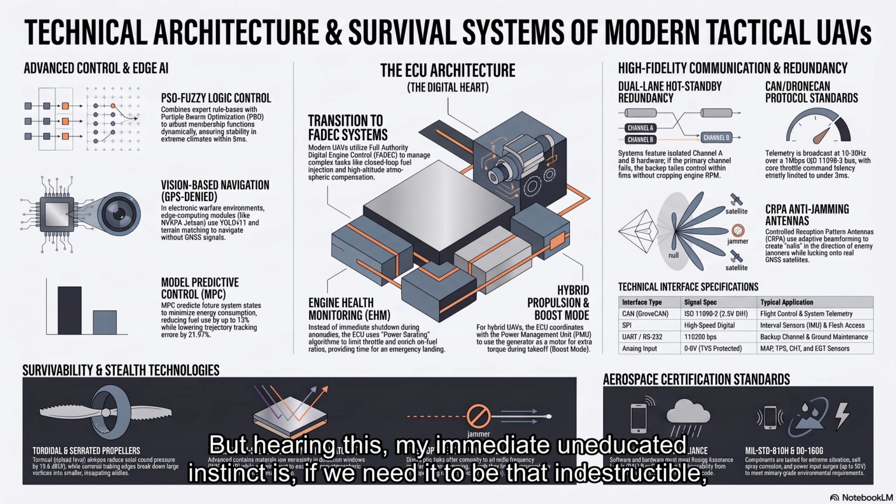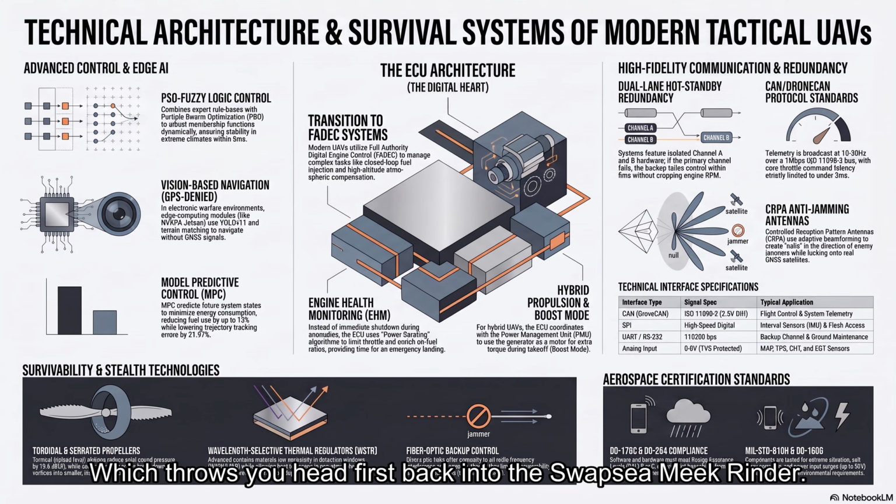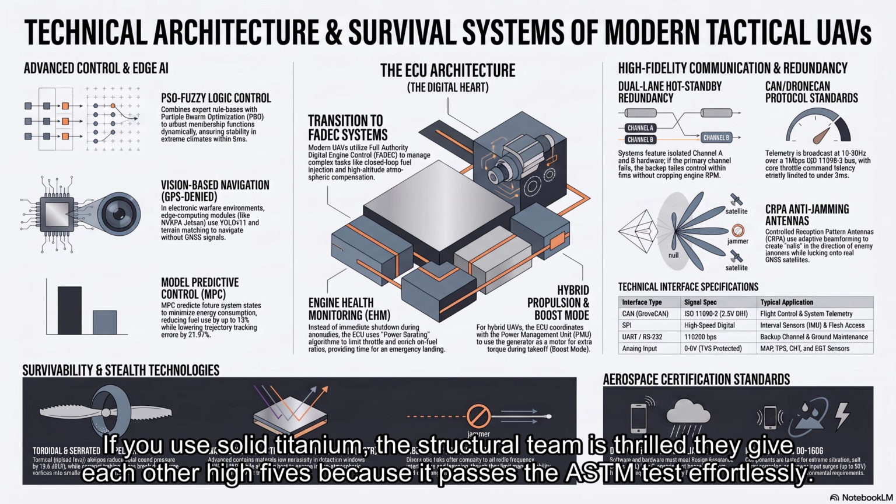But hearing this, my immediate uneducated instinct is, if we need it to be that indestructible, why not stop messing around with thin carbon fiber and just build the critical joints out of solid blocks of aerospace titanium? Like, overbuild it. Which throws you headfirst back into the SWaP-C meat grinder. Wait. If you use solid titanium, the structural team is thrilled.